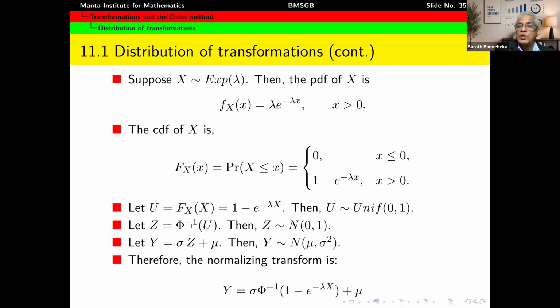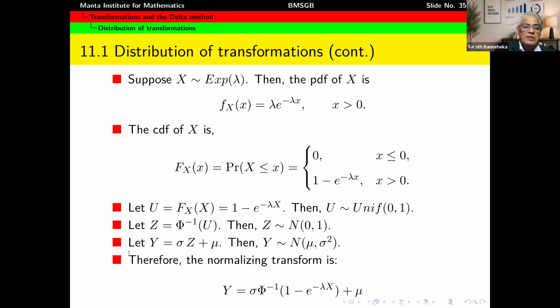Phi inverse is given by the qnorm function, qnorm(U). First of all, here we are using qnorm with mean 0 and standard deviation 1. So that's what this capital phi inverse is, the inverse cumulative distribution of a standard normal distribution. So then theoretically again, Z will have a normal distribution with mean 0, variance 1.